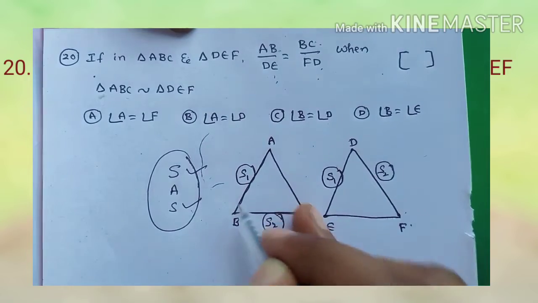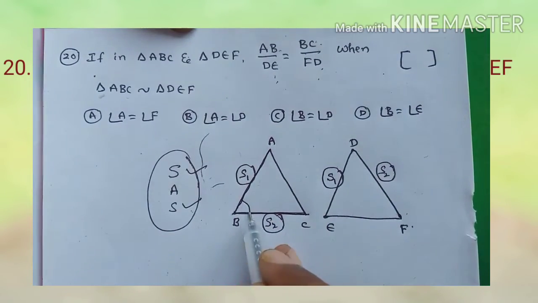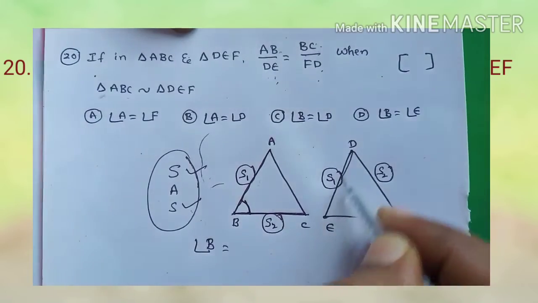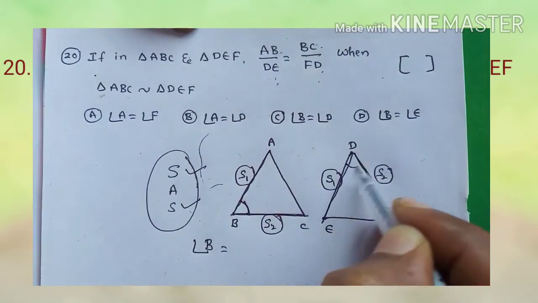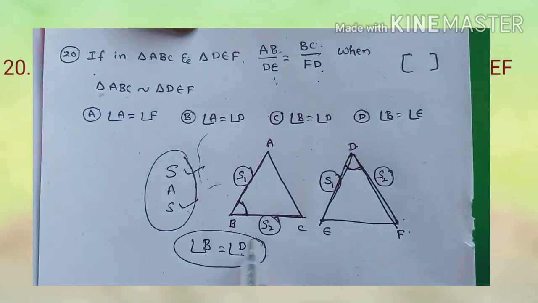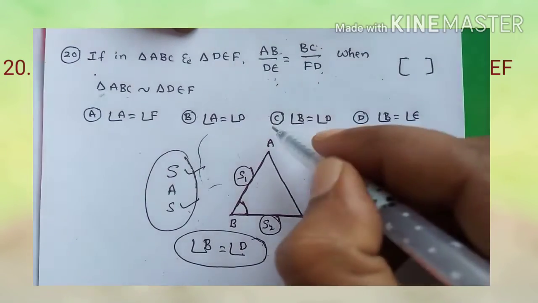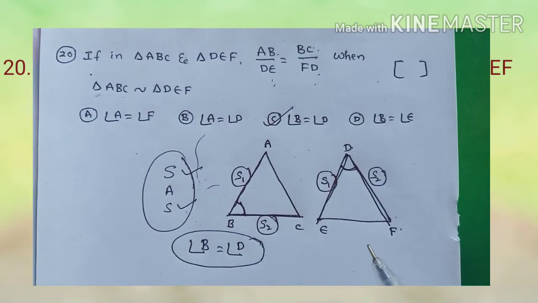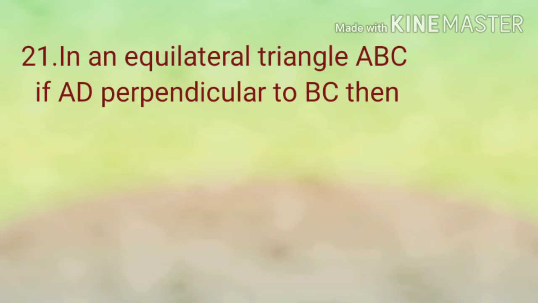So this is side 1, this is side 2. What is the included angle here? Angle B. In the other triangle, side 1, side 2, the included angle is angle D. So angle B is equal to angle D. Option C is correct. Okay, let's go to the next problem.